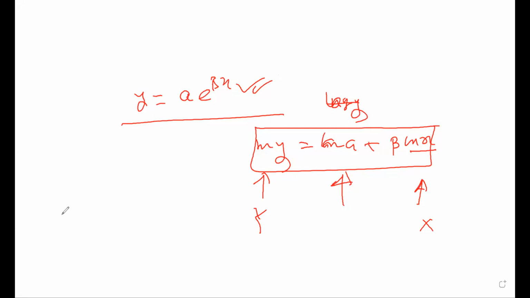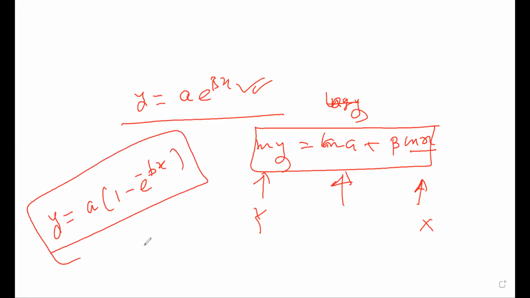For example, if we have a function that needs to be fit in this way, a into 1 minus e to the power minus bx, can we convert this function into an equivalent linear form so easily? No, sir. You can try, okay? But if not, then how to proceed?